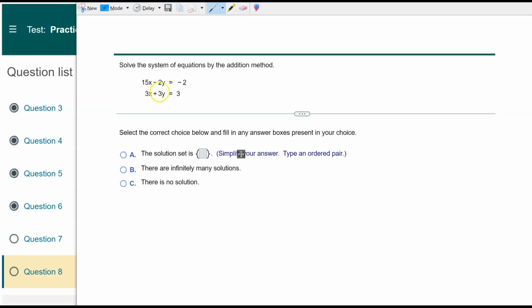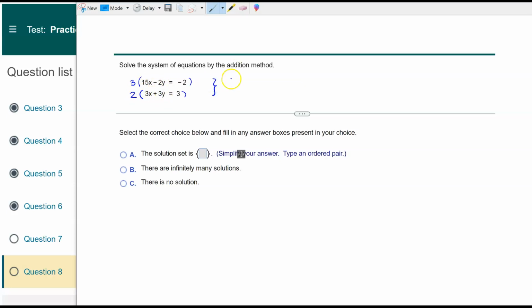My goal is to make sure that they have the same coefficients. So how do you do that? I would have to multiply the first equation by 3 and the second equation by 2. That's the coefficient of y here, and the 3 here is the coefficient of y there.